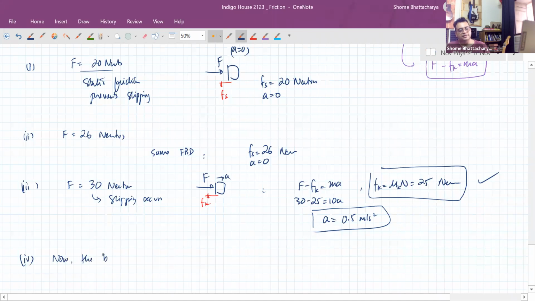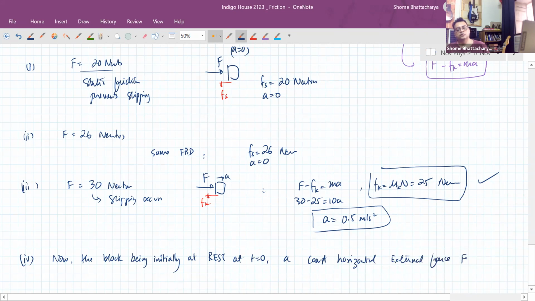The block being initially at rest, at t equal to 0, a constant horizontal force of F equal to, we'll again take this as 30 newtons, acts from t equal to 0 to t equal to 10 seconds.